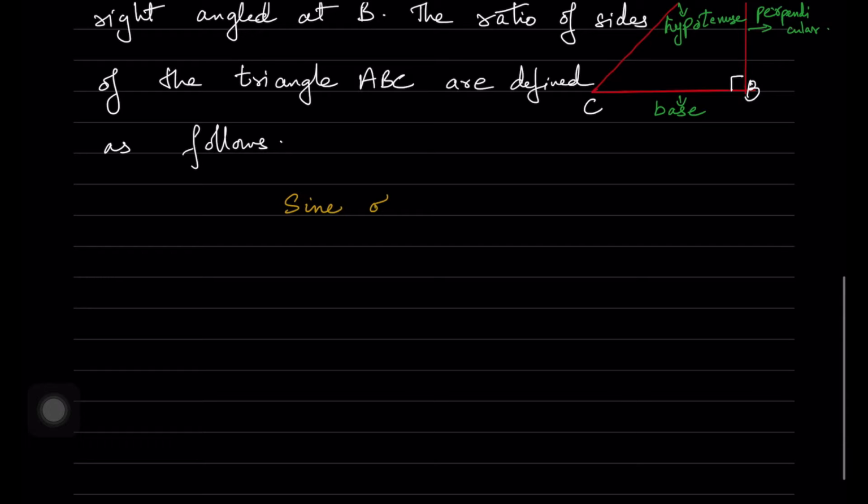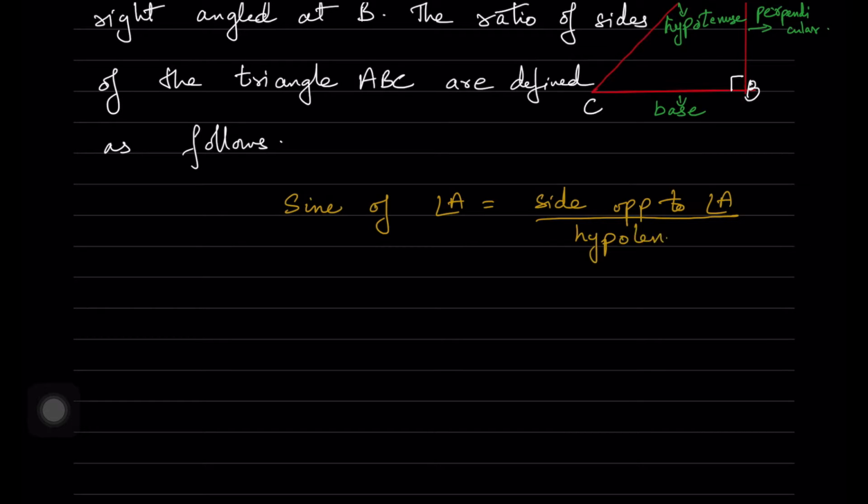So now we are going to find the measures of angle A. Sine of angle A is equal to the side opposite to angle A divided by the hypotenuse. A is in the topmost corner, so the side opposite to angle A is BC. So sin A is equal to BC by AC, which is opposite side by hypotenuse.